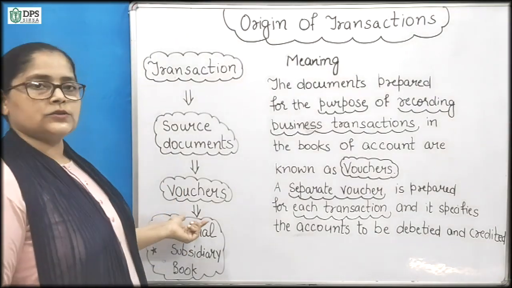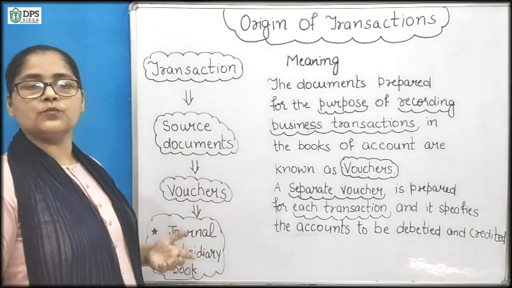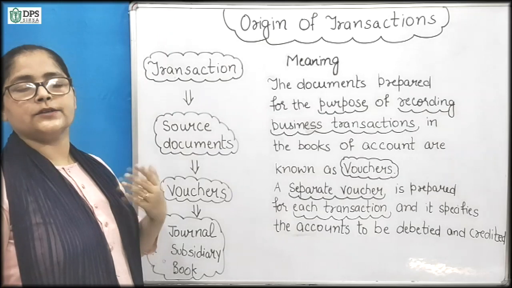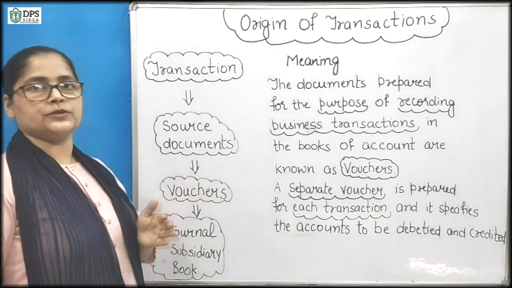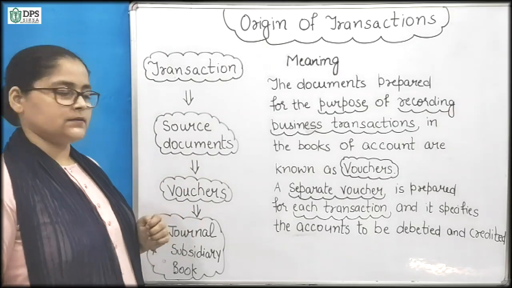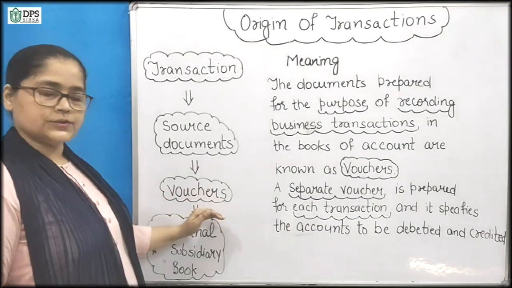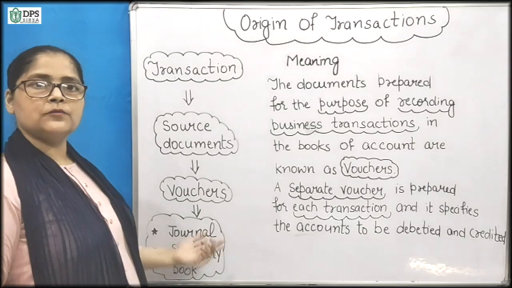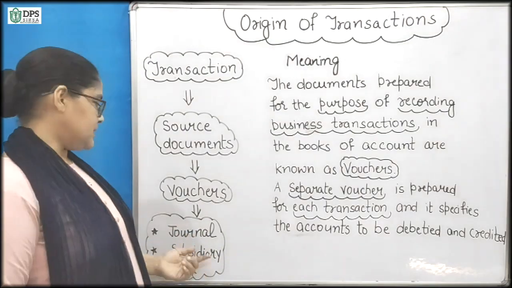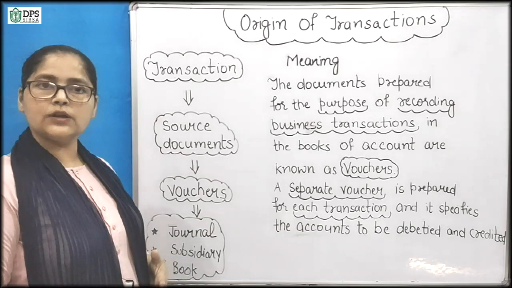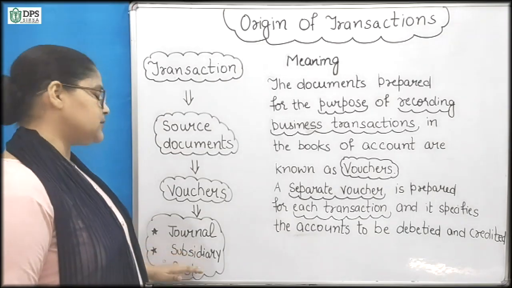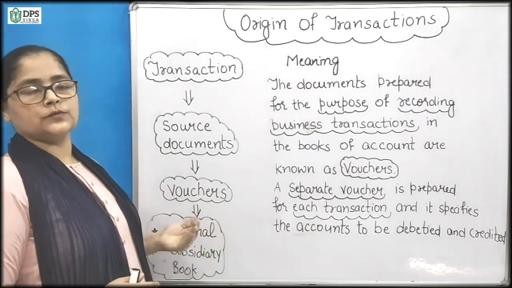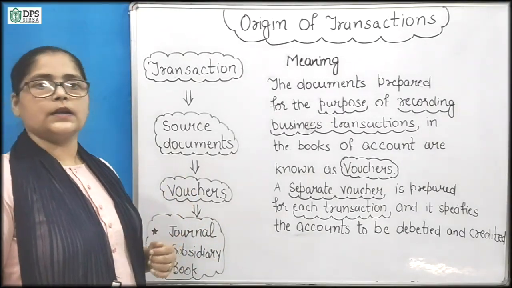In today's video we will discuss what a voucher is, what the types of vouchers are, and their performer and description. After vouchers we prepare the basic book where bookkeeping starts, that is the journal, the original book, and then the subsidiary books are prepared, and we further move towards the completion of our accounts.